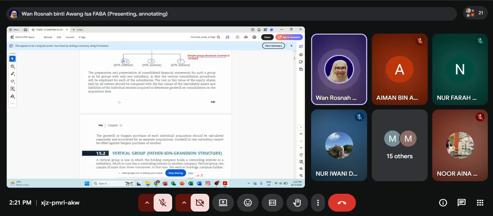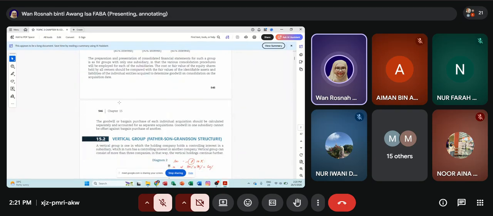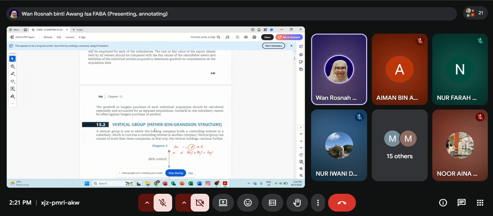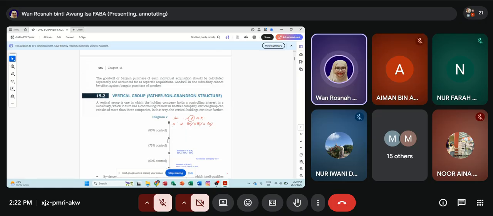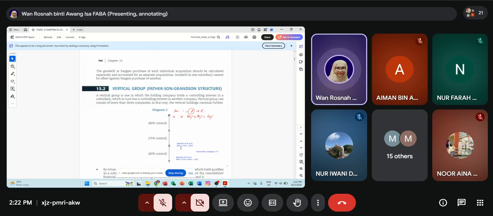For the vertical group structure, you have a holding company that might acquire subsidiaries, for example 80% control of S. Later, S might acquire another subsidiary X. In this situation, S is considered a subsidiary of H, and X is also a subsidiary of S, whereby S is considered the holding company of X, and indirectly, X also becomes a subsidiary of H.